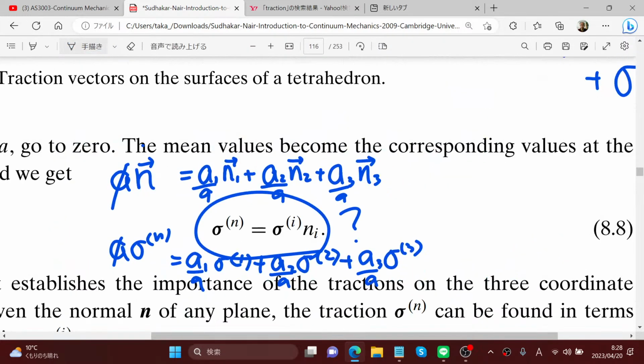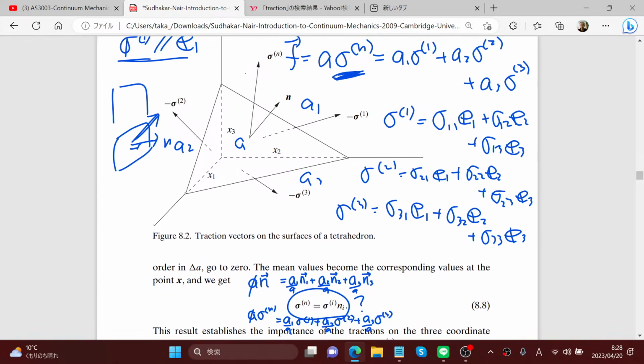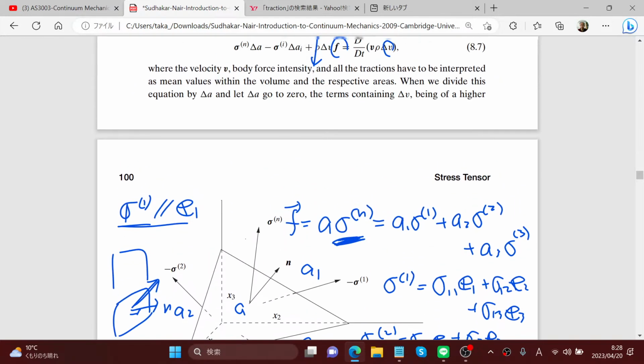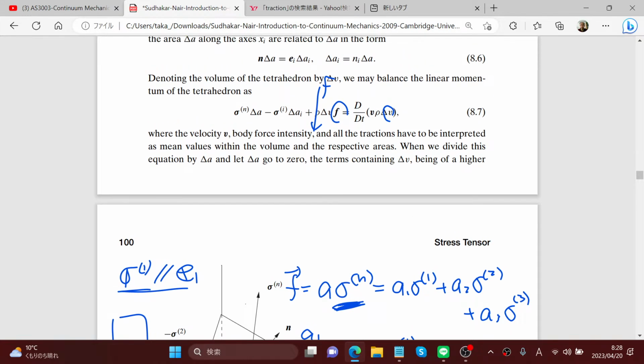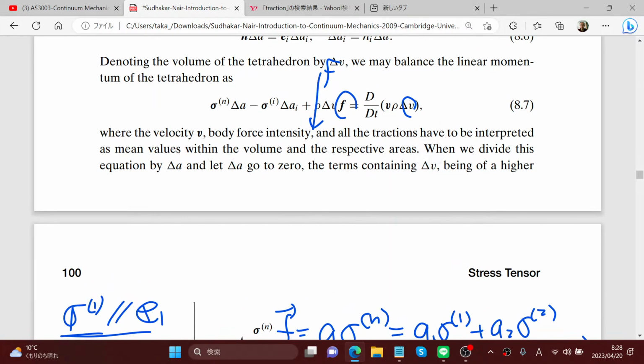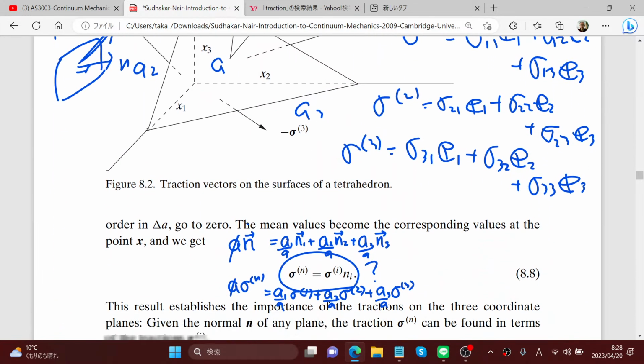I'm not sure. This is sigma N, sigma 3. So then there is sigma i, E. E is used. Ni, delta A. Okay, so this is Ni.